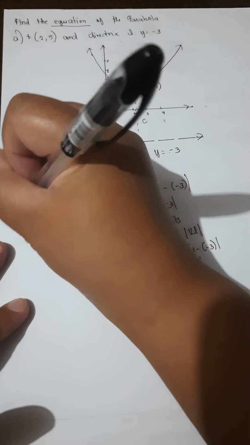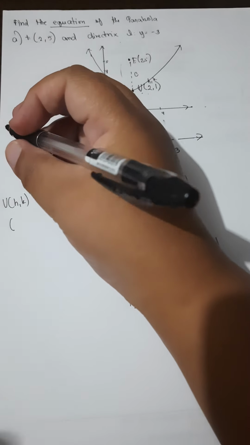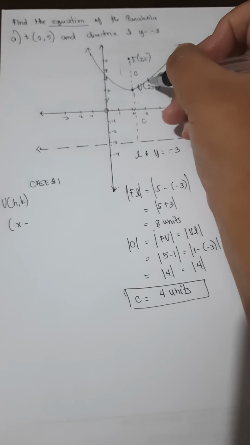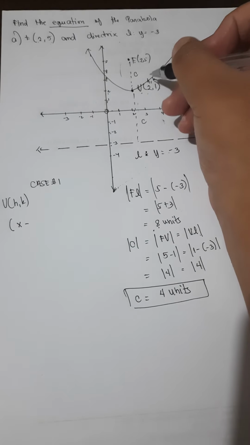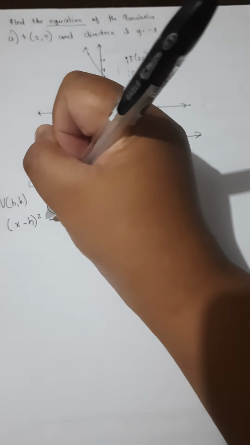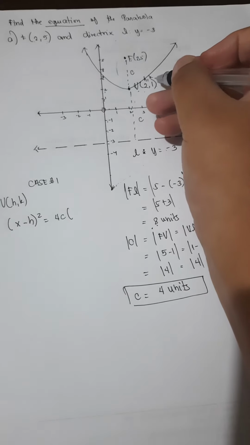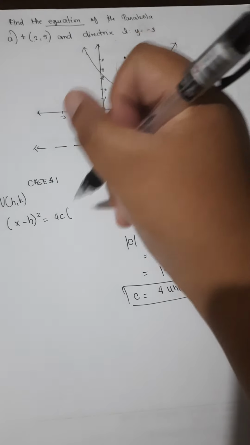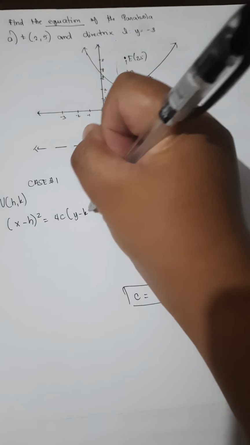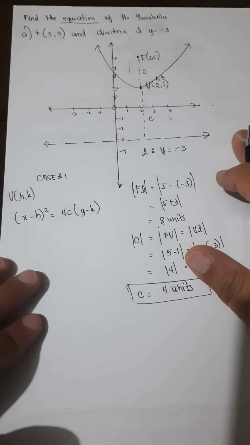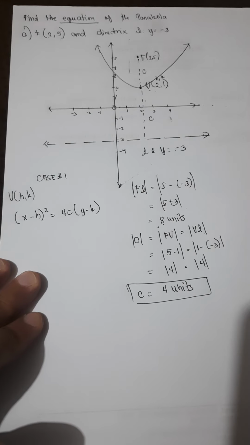Ang formula niya is the quantity of x minus yung value ng ating vertex, that is h, squared, is equal to 4c. And then we have now your y, i-minus mo yan sa k. So that is now the equation of the parabola.